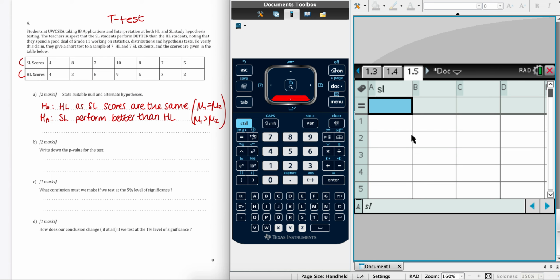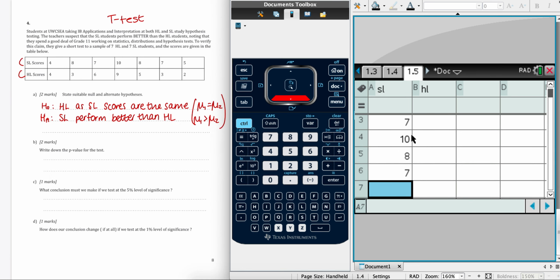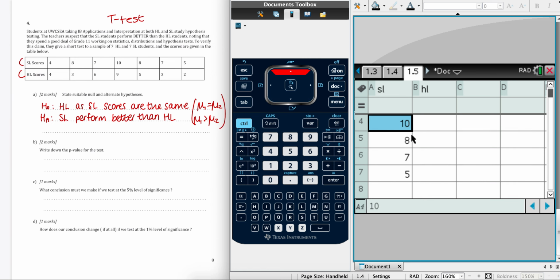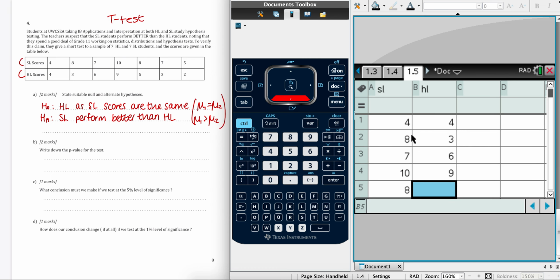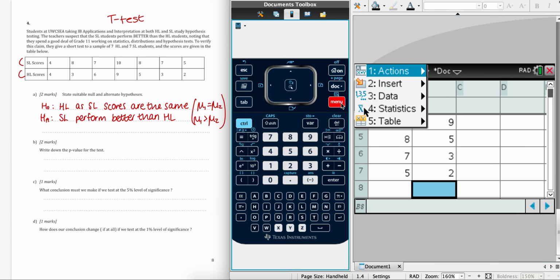So I've got my SL scores and I've got my HL scores. So the SL scores are 4, 8, 7, 10, 8, 7, and 5. And then the HL scores were 4, 3, 6, 9, 5, 3, and 2. And now I can do that same process.